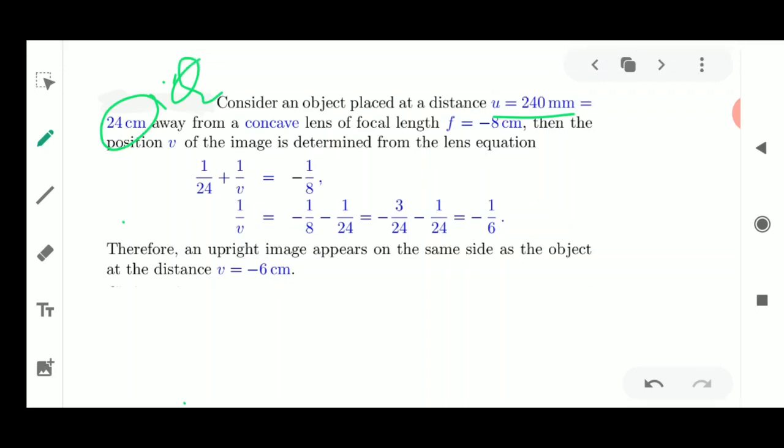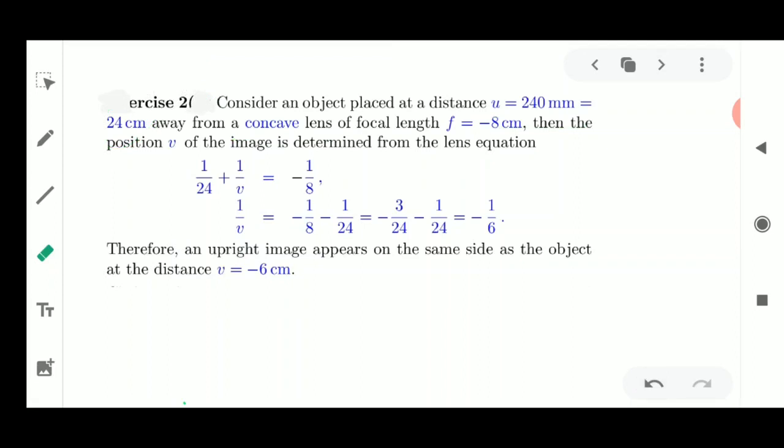This is away from a concave lens of focal length 8 centimeters. F is already given in centimeters, so there is no problem.